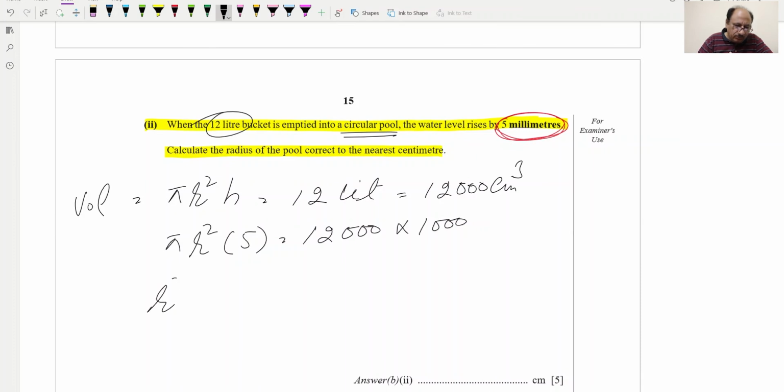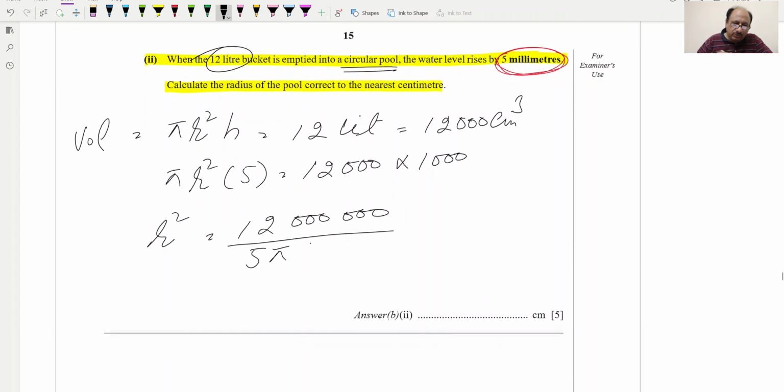Now we can calculate r squared will be equal to 12 and 6 zeros divided by pi into 5, or 5 pi, and r will be equal to the square root of 12 and 6 zeros divided by 5 pi.